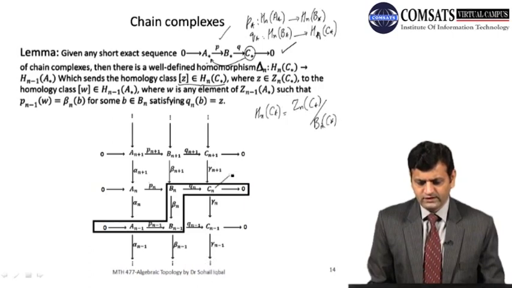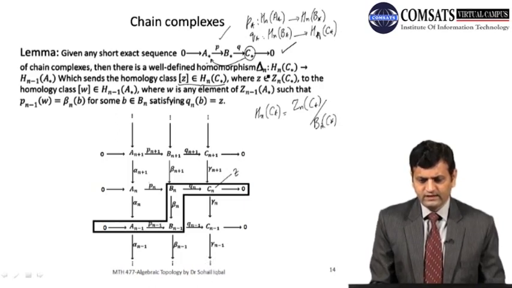This delta n takes Z to the homology class, square bracket W, of Hn minus 1 of A star.